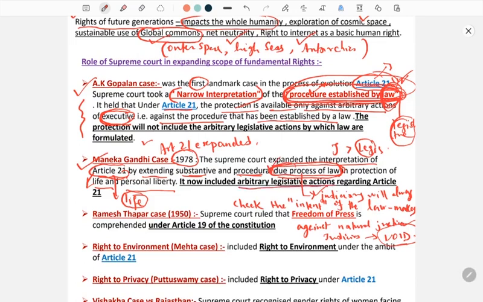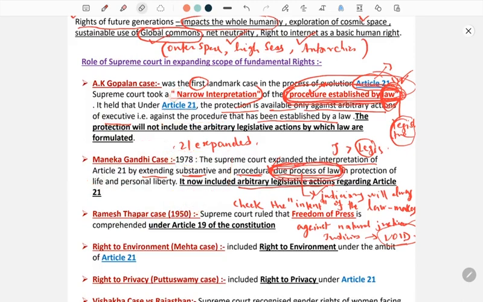The legislature cannot have the power to make any arbitrary legislation affecting our fundamental rights under Article 21. So it was one of the most landmark cases when we talk about Article 21. If you see carefully, after 1978, Article 21 expanded like anything because due process of law was added. Fine.